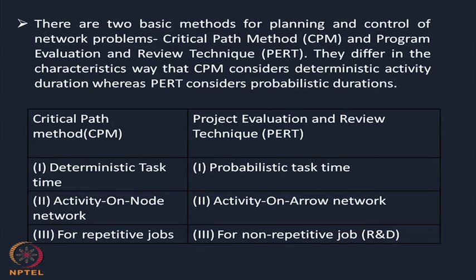Basically, if you see, they differ in one way, that is CPM considers deterministic activity duration, whereas PERT considers probabilistic activity duration. Now, you may ask what do you mean by probabilistic or what do you mean by deterministic, and why we are differentiating.